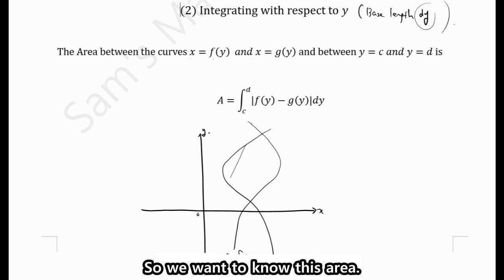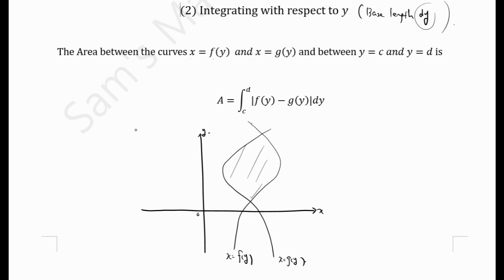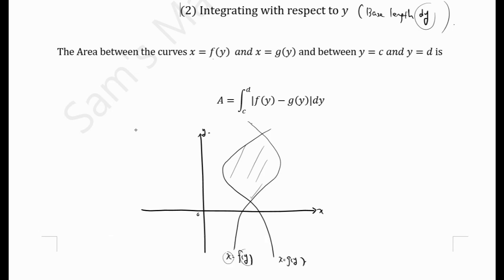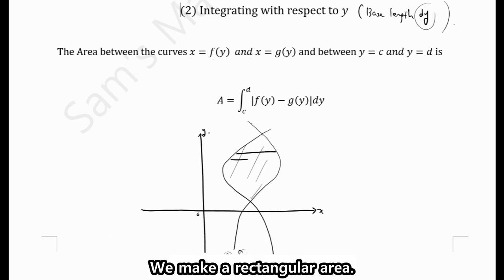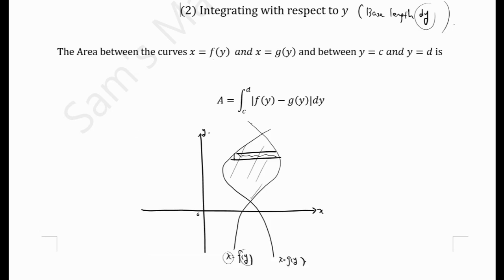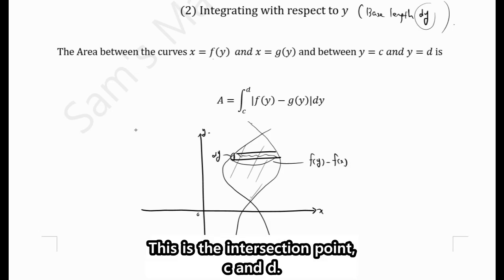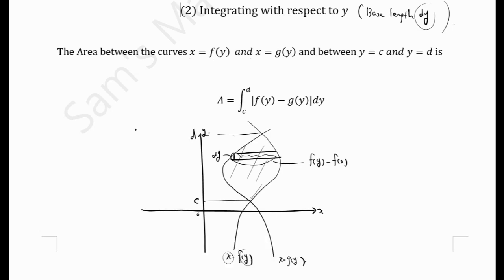So we want to know this area. Since x is expressed as a function of y, dy must be the base length. So we make a rectangular area. The base length is dy, and the height is f(y) minus g(y). This is the intersection points c and d.